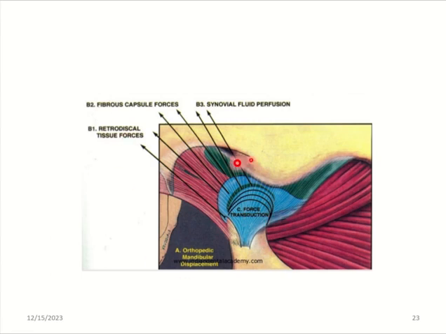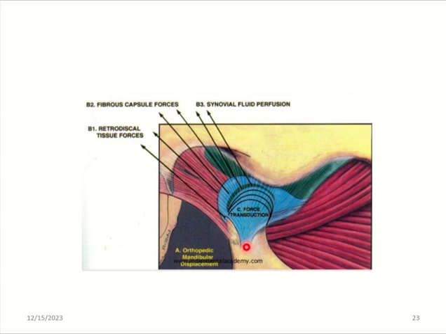So this would be the whole picture representing that the retrodiscal tissues are being pulled apart, and that's why there are retrodiscal tissue forces. The fibrous capsules are also being pulled apart, so the forces are acting there also, and there is perfusion into these areas by the synovial fluid.